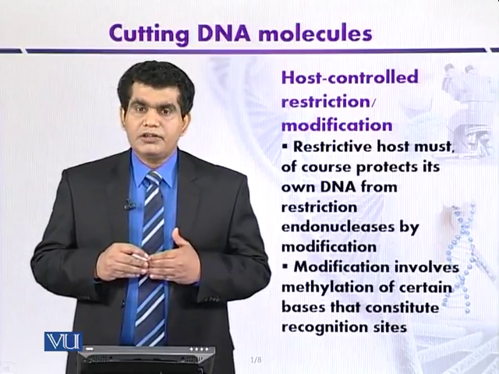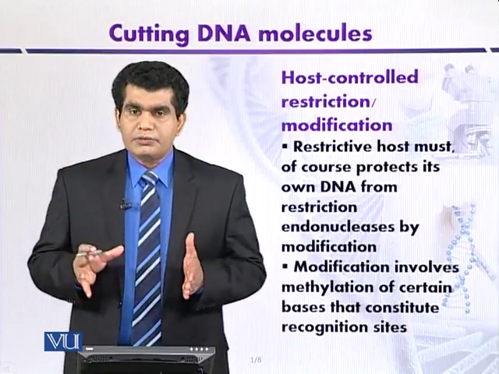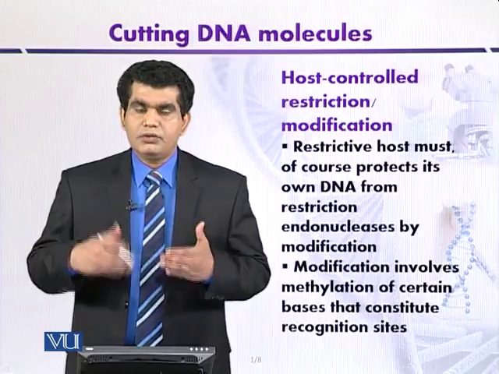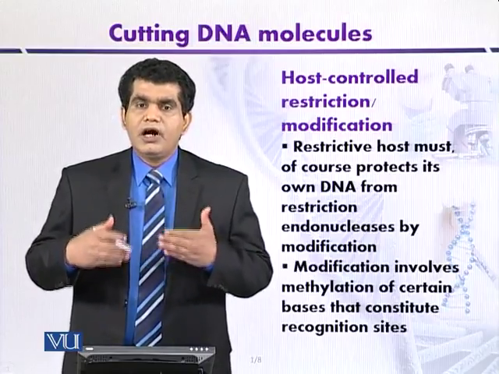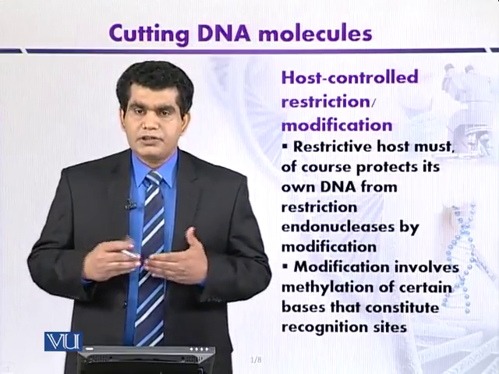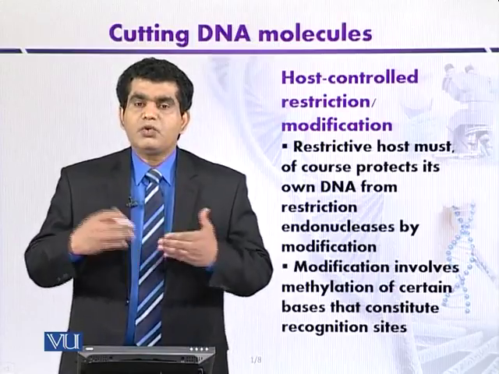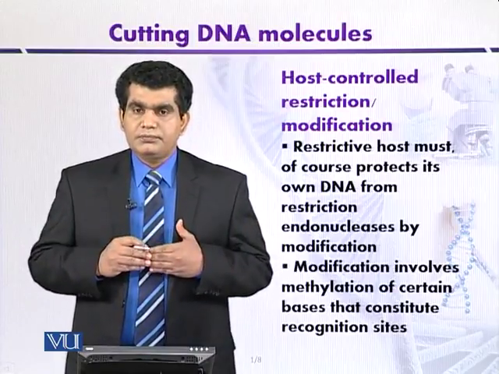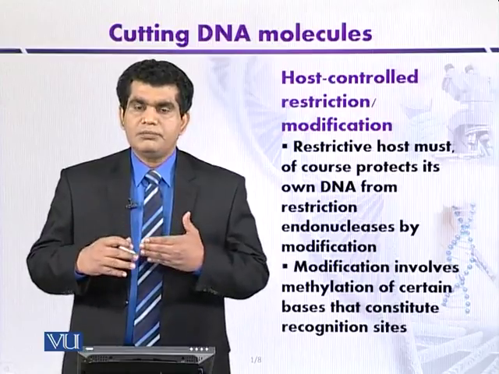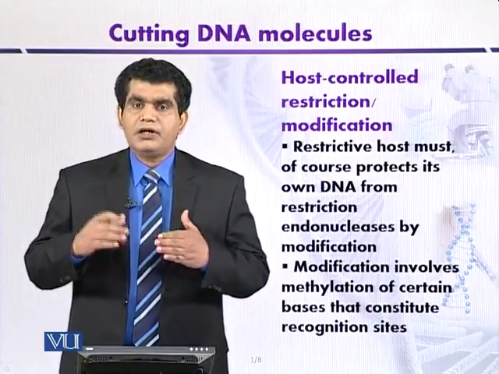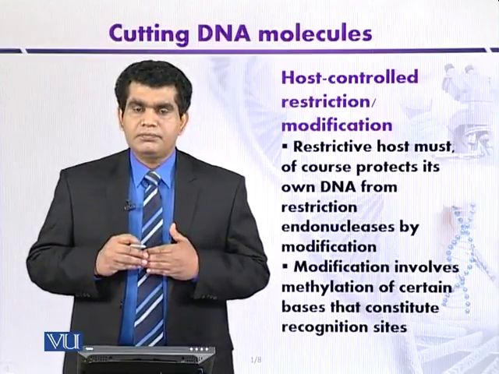Now the question is how host organisms like E. coli or other bacteria protect their own DNA from their own restriction enzymes, because restriction enzymes can attack any type of DNA.